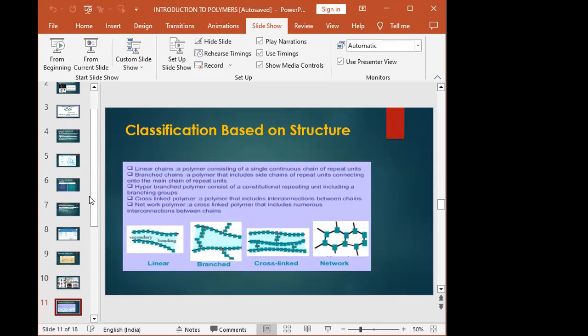A linear polymer consists of a single continuous chain of repeating units of monomer. And a branched chain polymer includes side chains of repeating units connecting onto the main chain of repeating units.